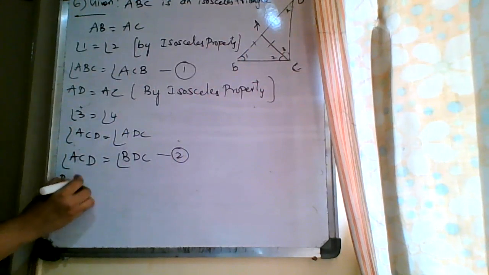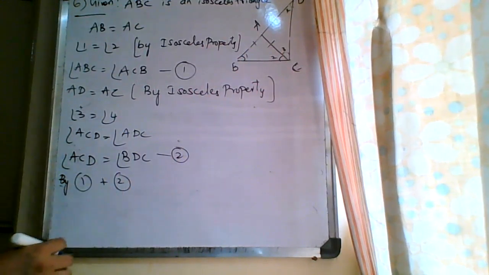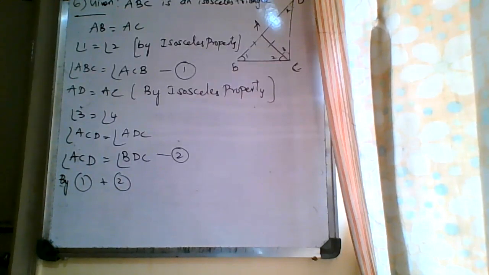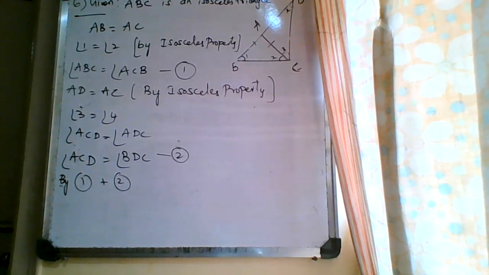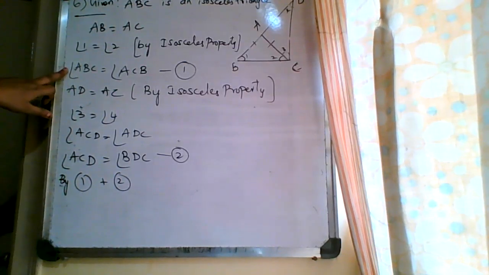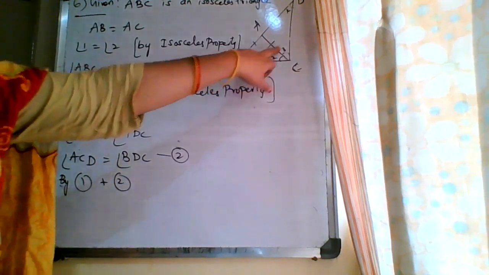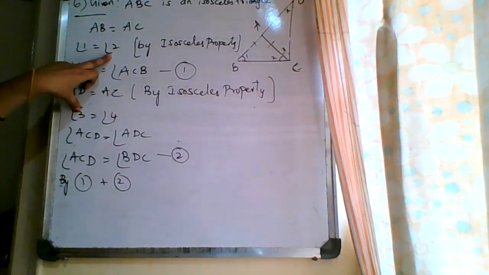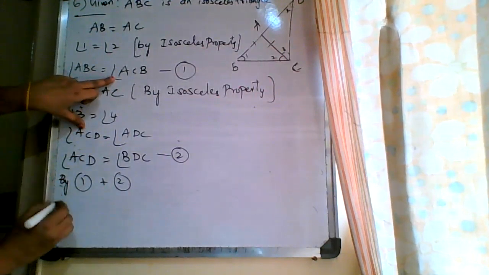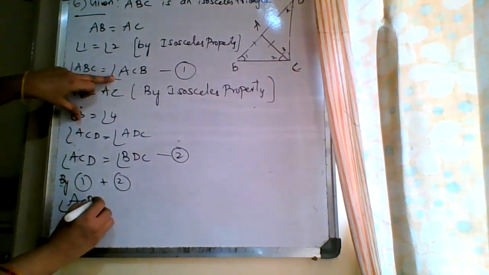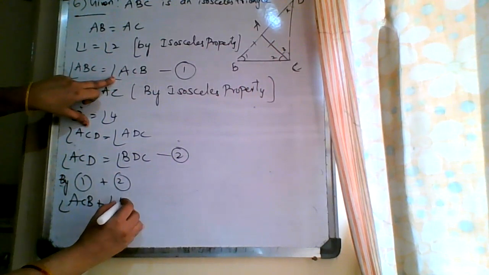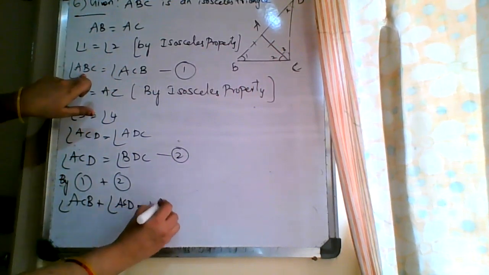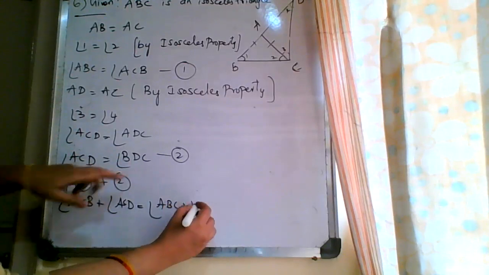By adding 1 and 2, we'll see what we can get. Add in such a way that angles 2 and 3 are added on one side, means this plus this: ACB plus ACD is equal to ABC plus BDC.